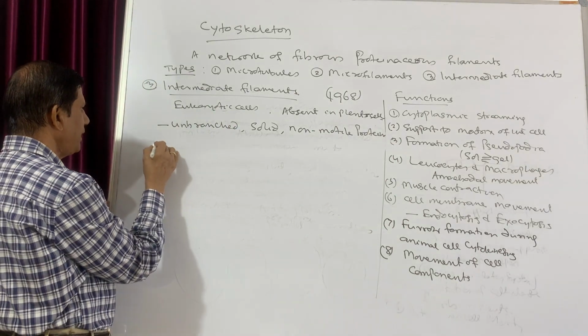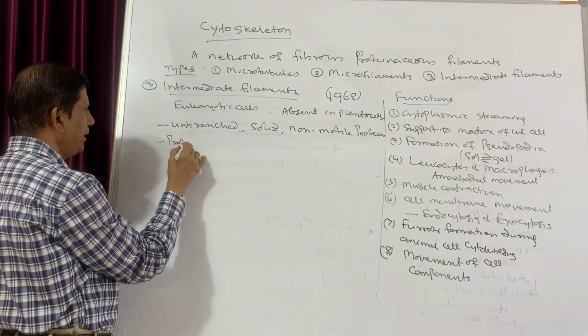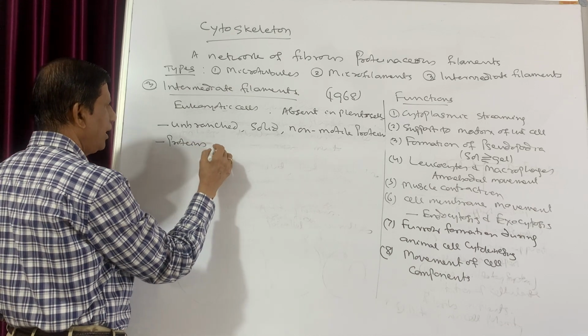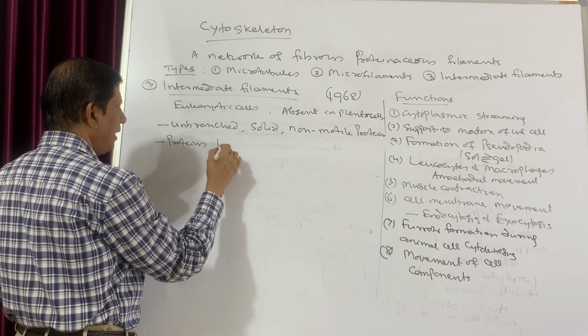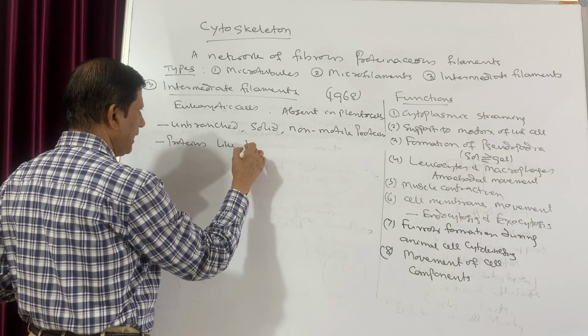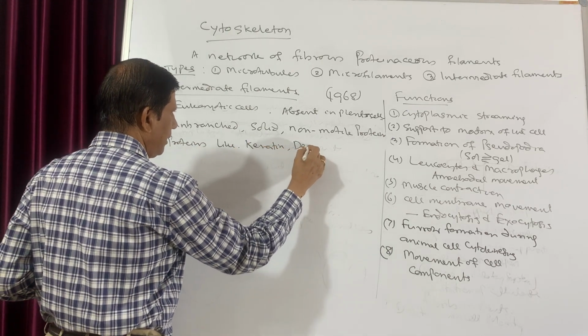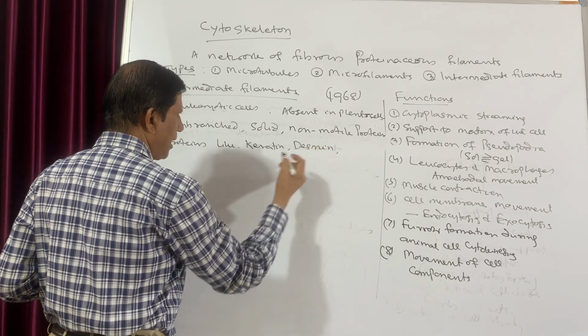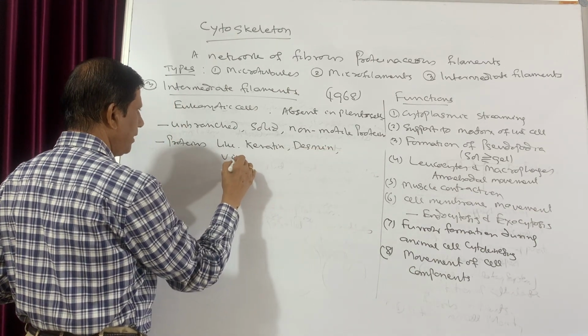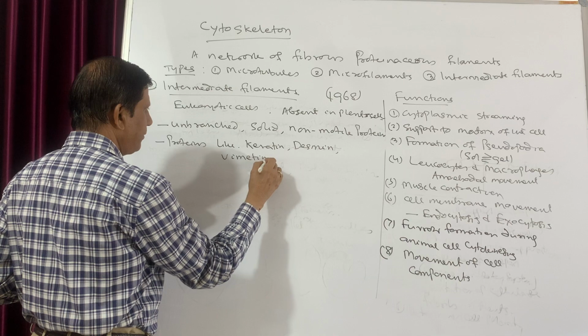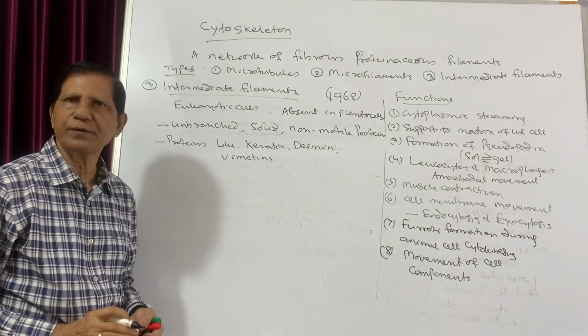The proteins present in intermediate filaments are keratin, desmin, and also vimentin.